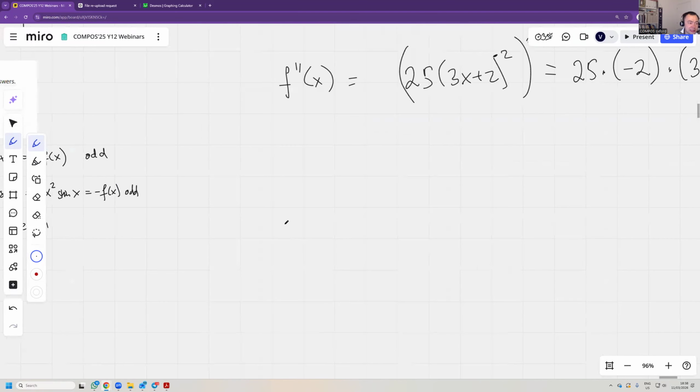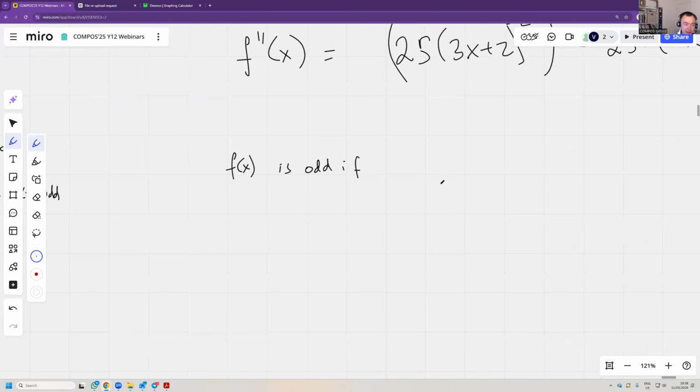So a function f of x is odd if two things are true. One, the domain is symmetrical, and two, f of minus x is equal to minus f of x.